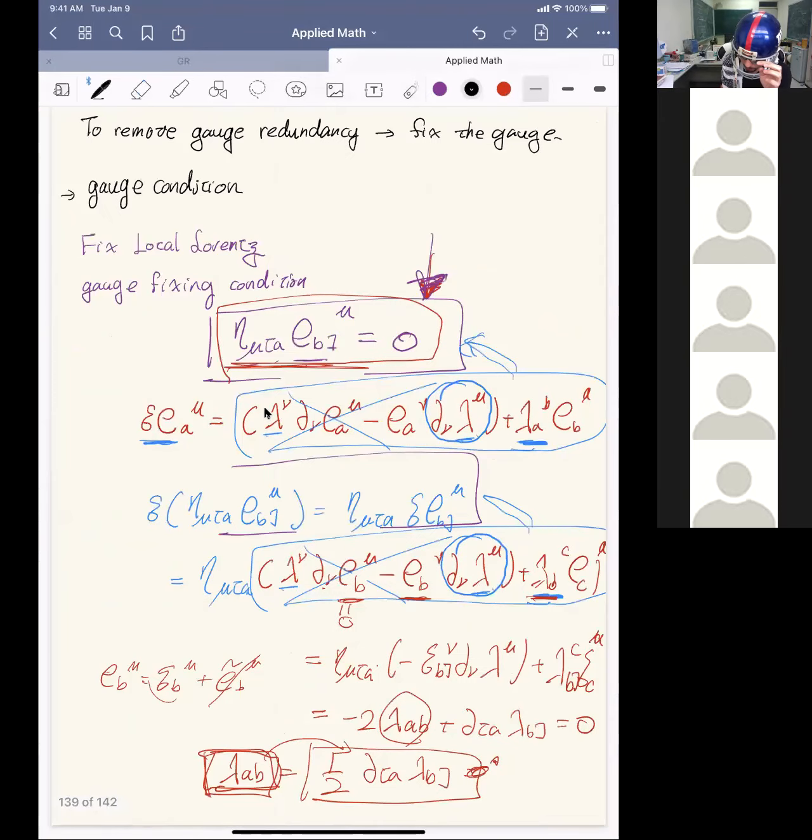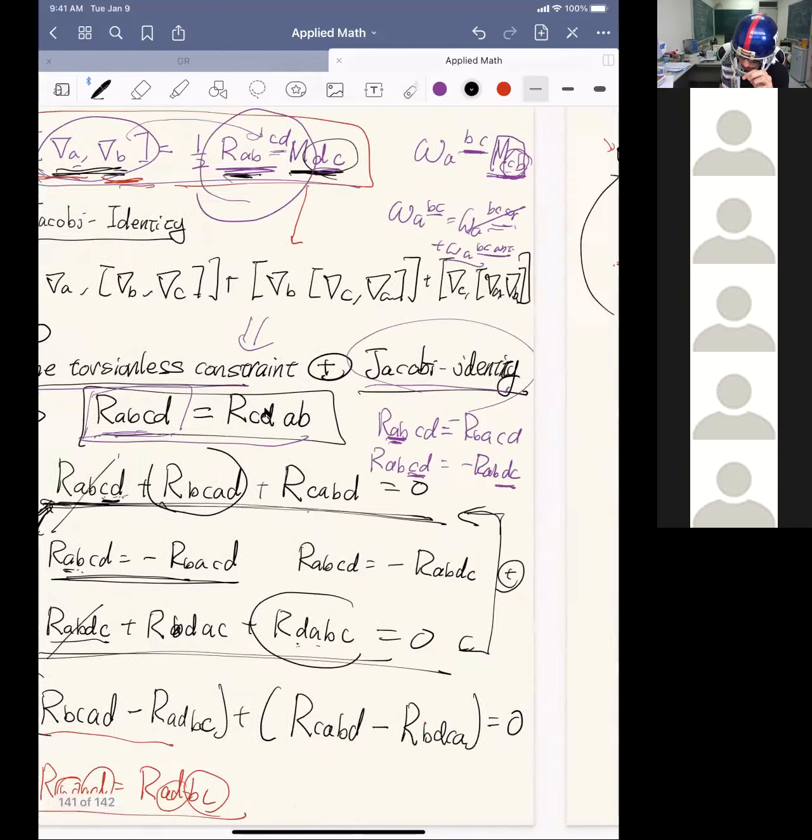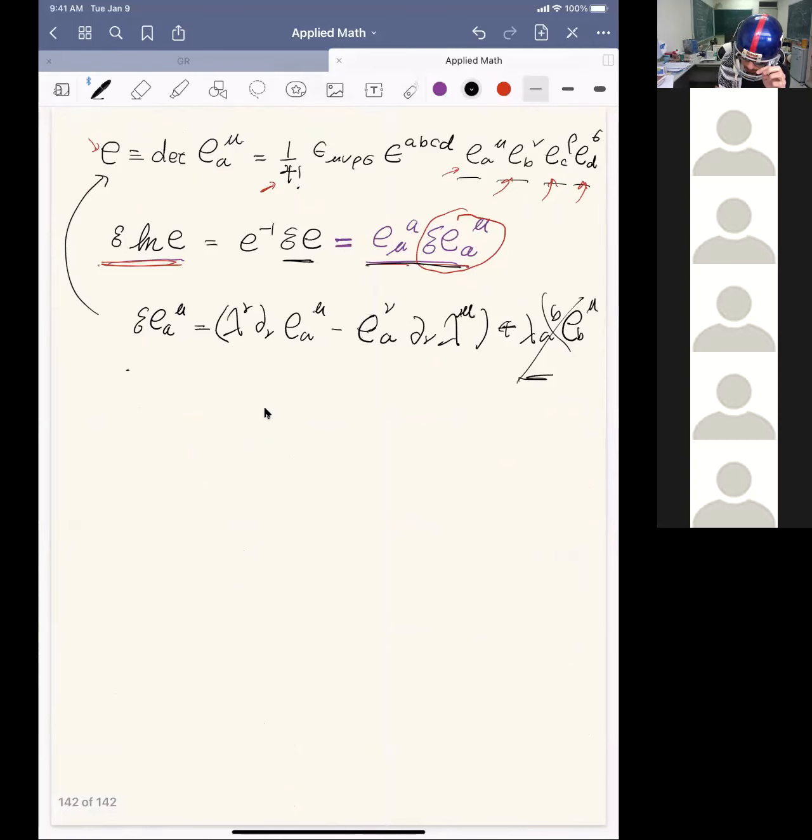Once we do the gauge fixing, this is completely fixed, so there's no longer such a transformation. We're only looking at the local one, so we don't care about the spin connection transformation.